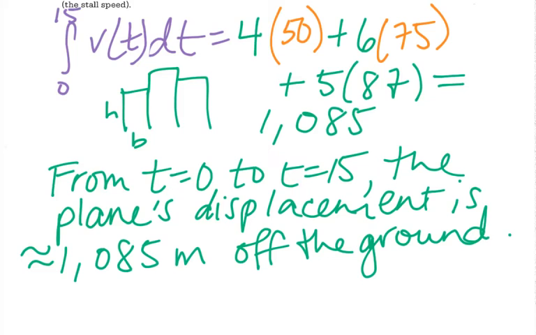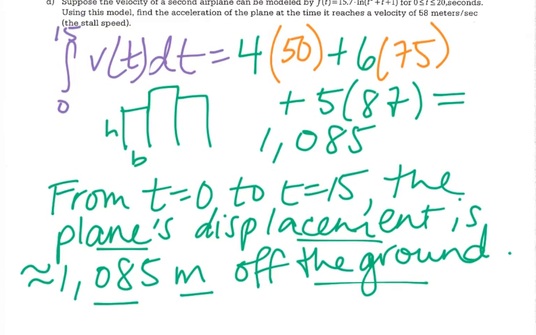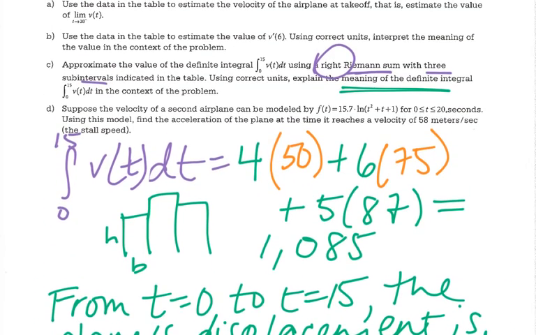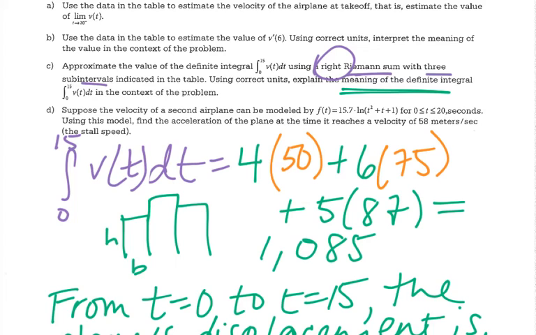So we included units, the value that we found, the actual integral's value, and we're explaining that it's the plane taking off the ground and its displacement specifically off the ground. Okay, so that's part C.